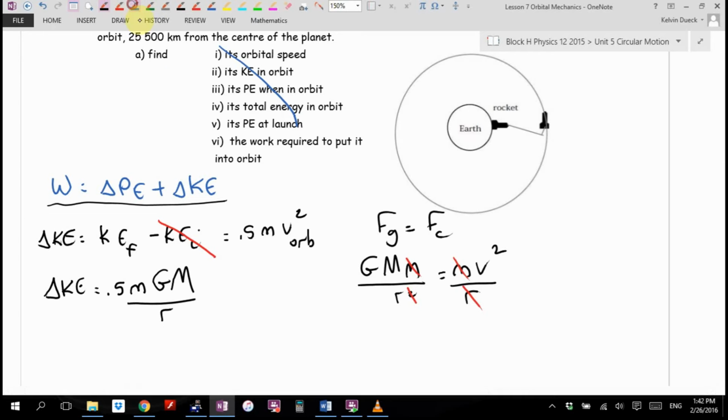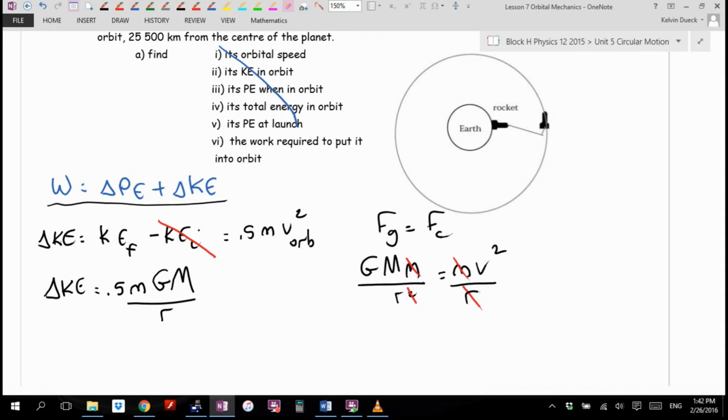Don't write this down, but isn't that actually just half the potential energy? Wasn't potential energy big G, big M, little m over R? Oh, but positive. Okay, fine. That's just an interesting mathematical thing that pops out of here.